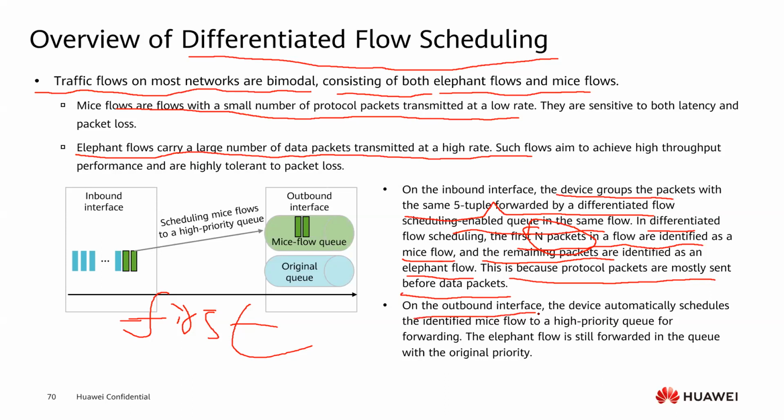On the outbound interface, the device automatically schedules the identified mice flow to a high priority queue for forwarding. The elephant flow is still forwarded in the queue with the original priority. We just adjust the mice flow to the higher priority queue. Okay, this is the function of differentiated flow scheduling.